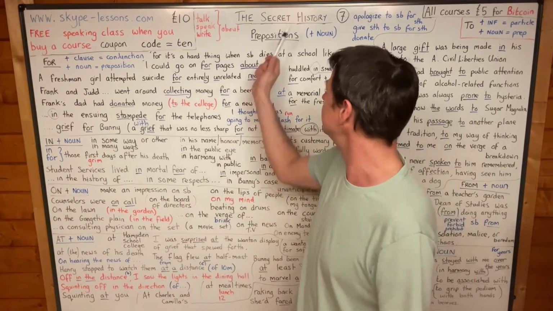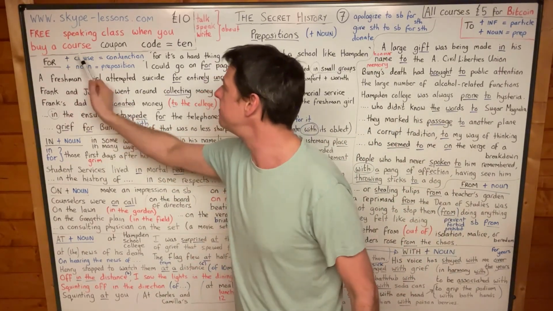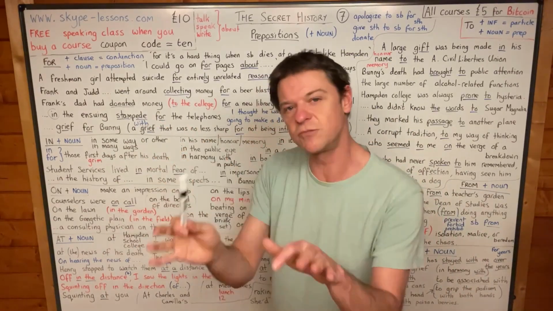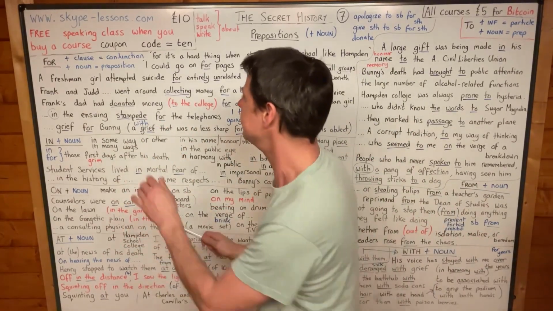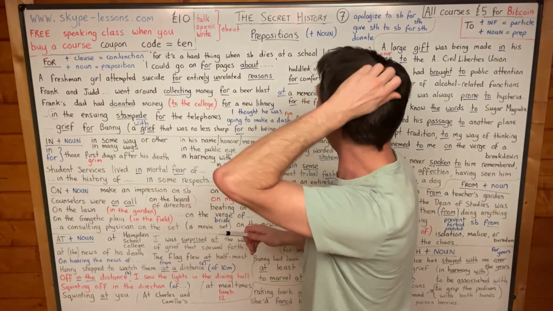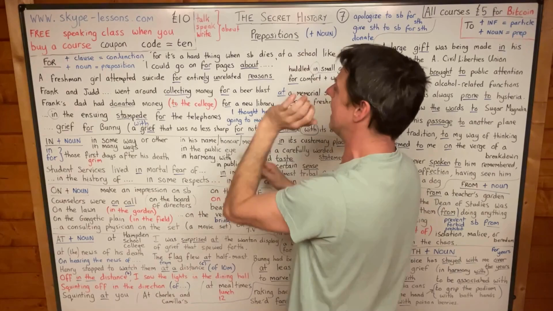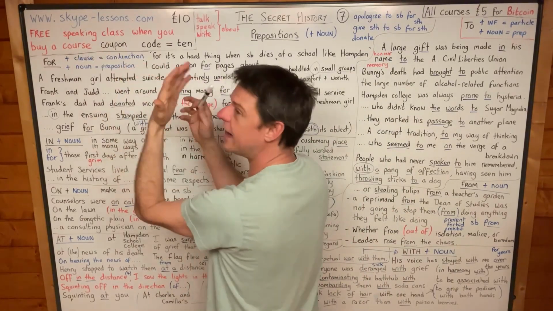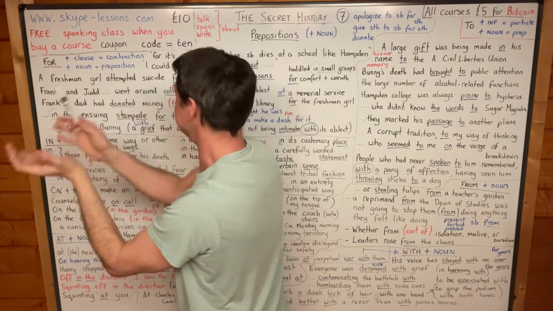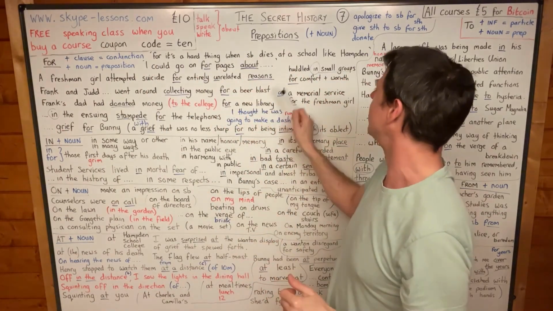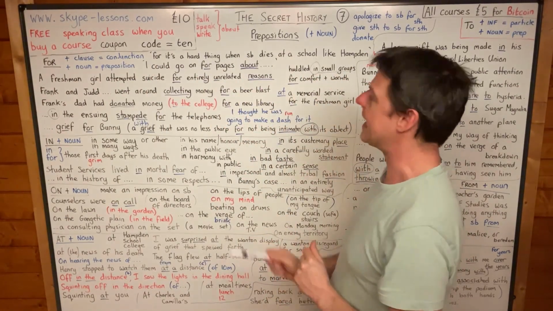So here's an example in chapter 7 of for being used as a conjunction, and that's not what we're studying today, but I just wanted to put that to one side. If you say, I can't remember what the first clause was, perhaps it was everybody was upset about Bunny's death, for it's a hard thing when somebody dies at a school like Hampton.